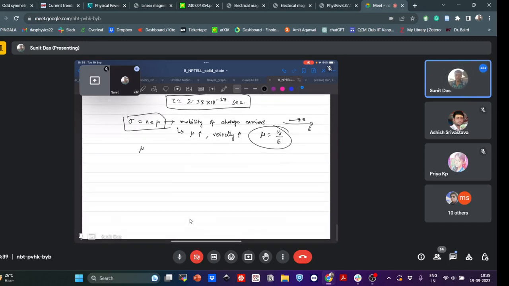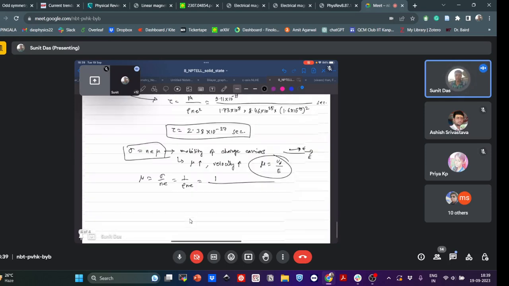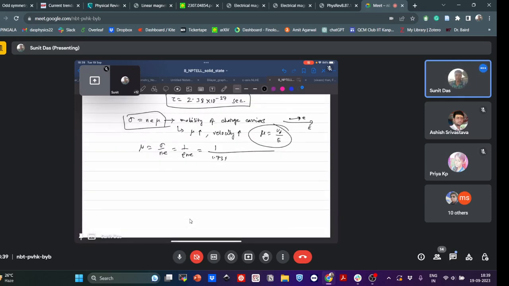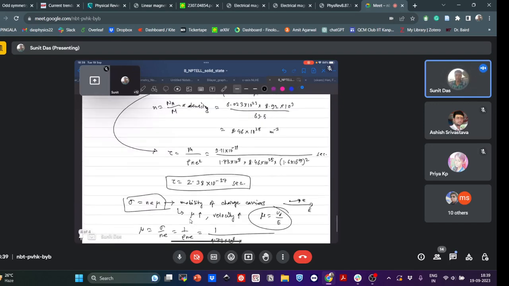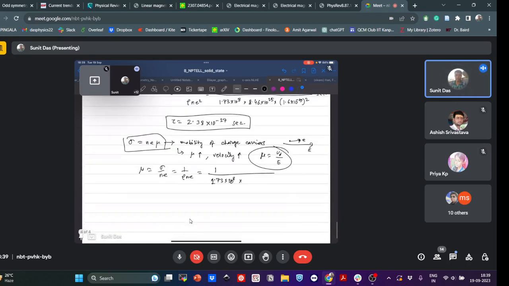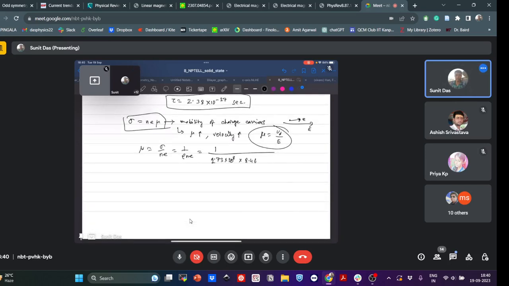So we have mu equal to sigma by n e, which is 1 by rho n e, right? So rho is given as 1.73, and then n is 8.46 into 10 to the power 25. Then the electronic charge. Okay, so this is the mobility part.